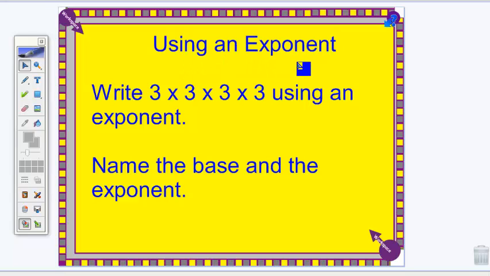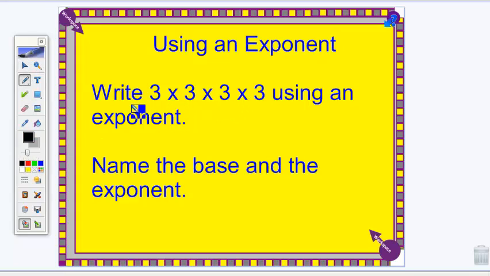Now, when we use an exponent, let's do this one together. Write 3 times 3 times 3 times 3 using an exponent, which means to write it in exponential form. We need to name the base and the exponent.